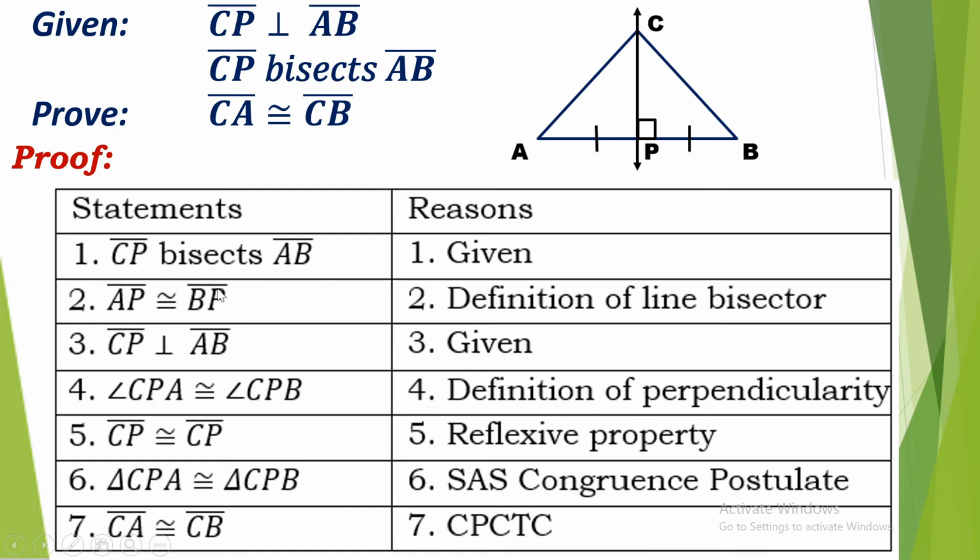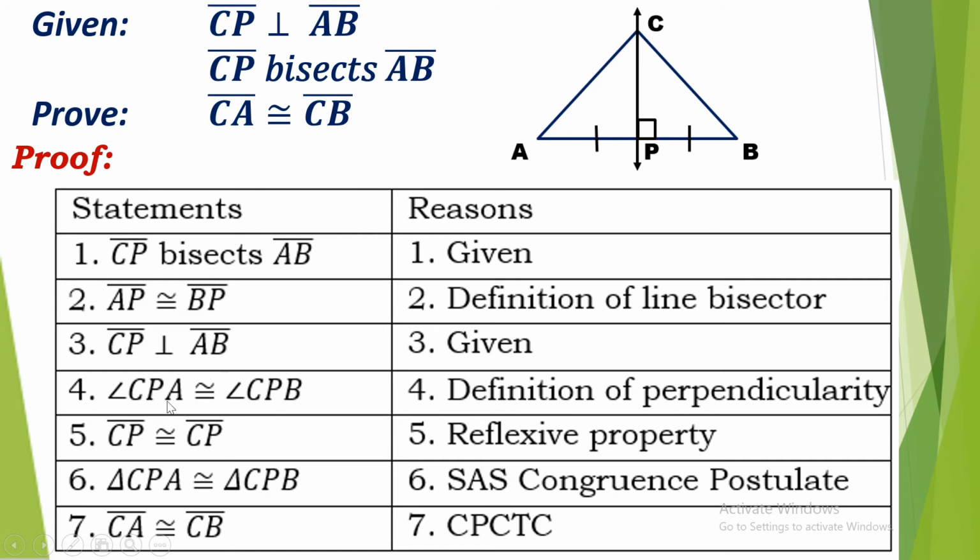For our second statement, by the definition of a line bisector, since segment CP is a line bisector, then it divides segment AB into two equal parts. So we have segment AP is congruent to segment BP. Then we have the other given that segment CP is perpendicular to segment AB.